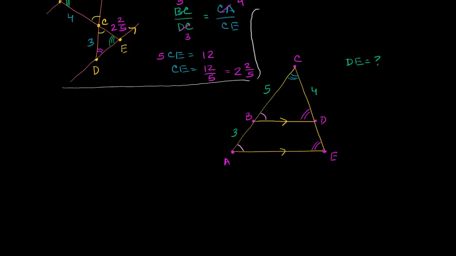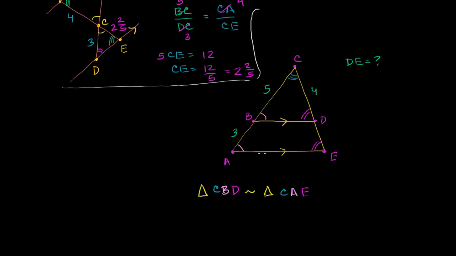So we now know, and this is the important thing, make sure you write it in the right order when you write your similarity, that triangle CBD is similar, not congruent, to triangle CAE, which means that the ratios of corresponding sides are going to be constant.